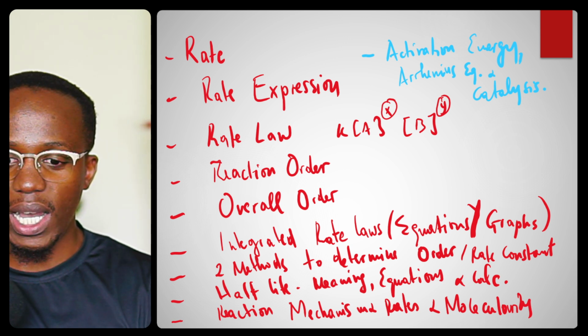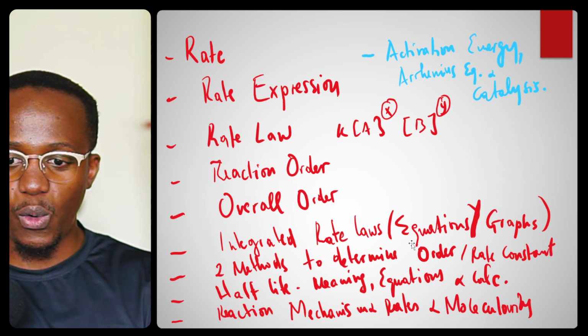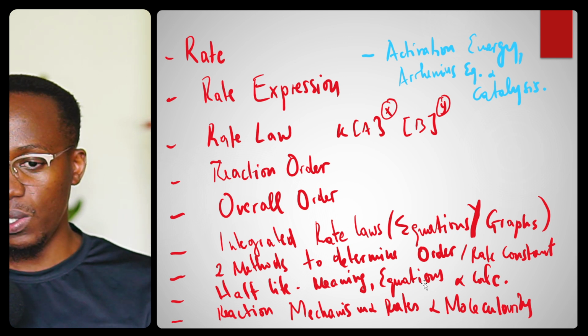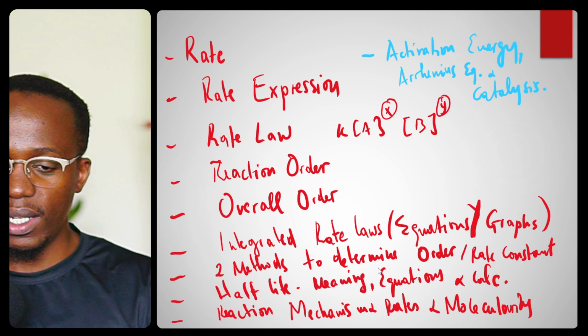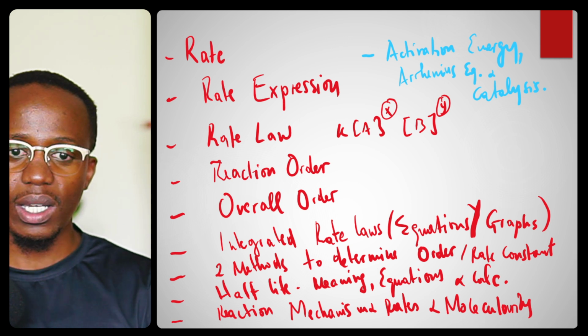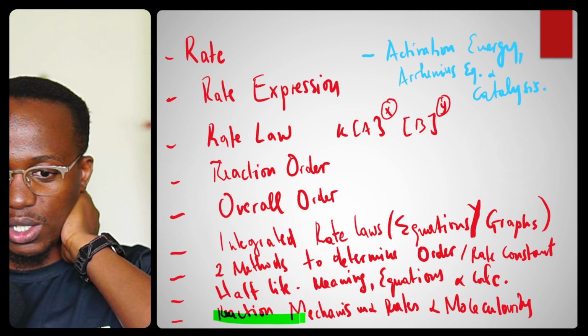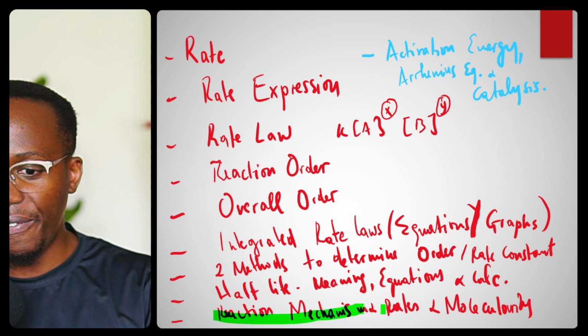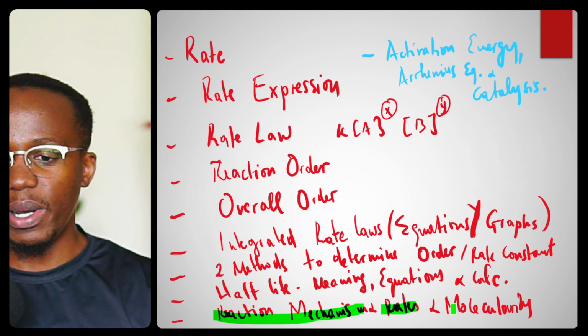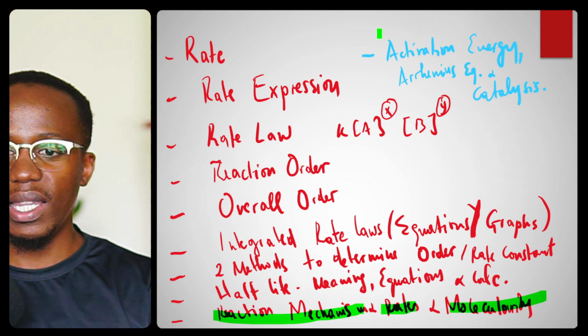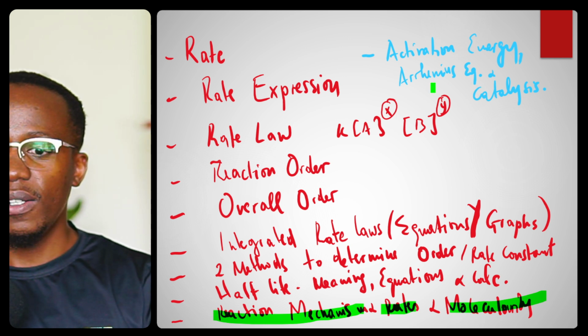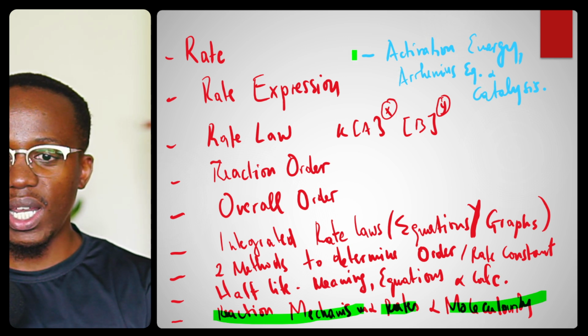Then we talked about the half-life and its meaning, and then the equations of half-life. We need to know these in order to calculate it, and we even talked about where those equations come from. Then we talked a little bit about the reaction mechanisms and how they affect the rates. We talked about the molecularity of the reaction, and ended with what is the activation energy.